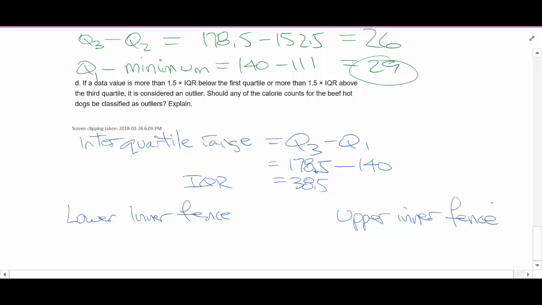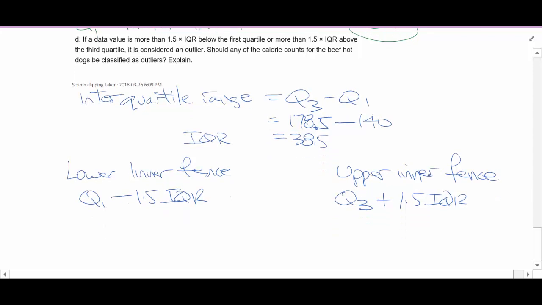The lower inner fence is going to be given by Q1 minus 1.5 times the interquartile range. The upper inner fence will be calculated by Q3 plus 1.5 times the interquartile range. Okay, I'm going to calculate these.